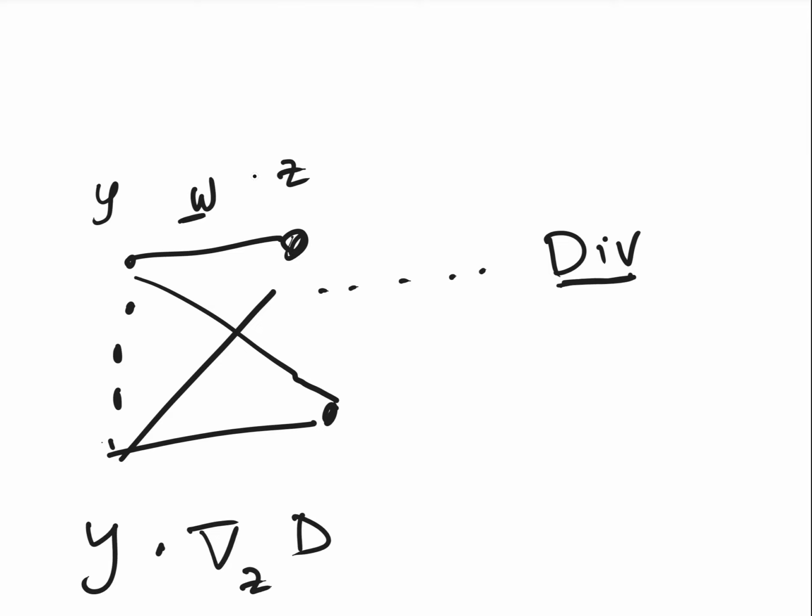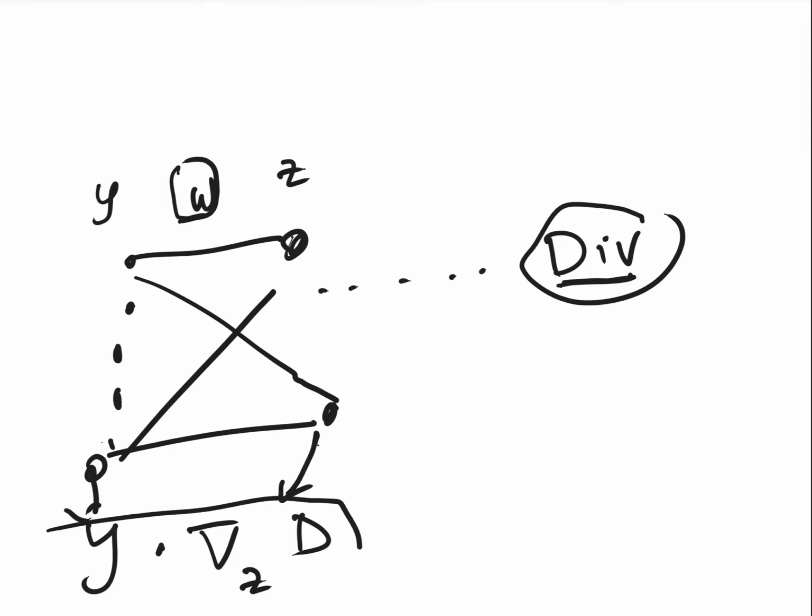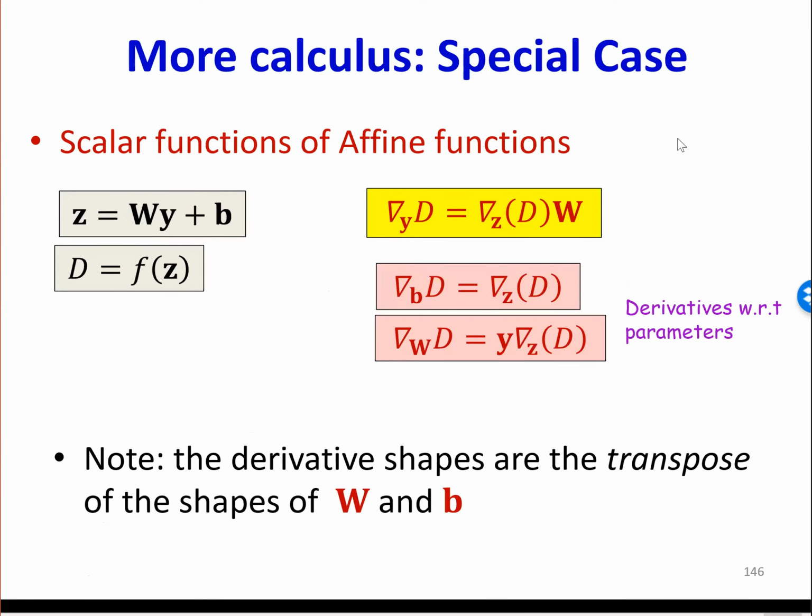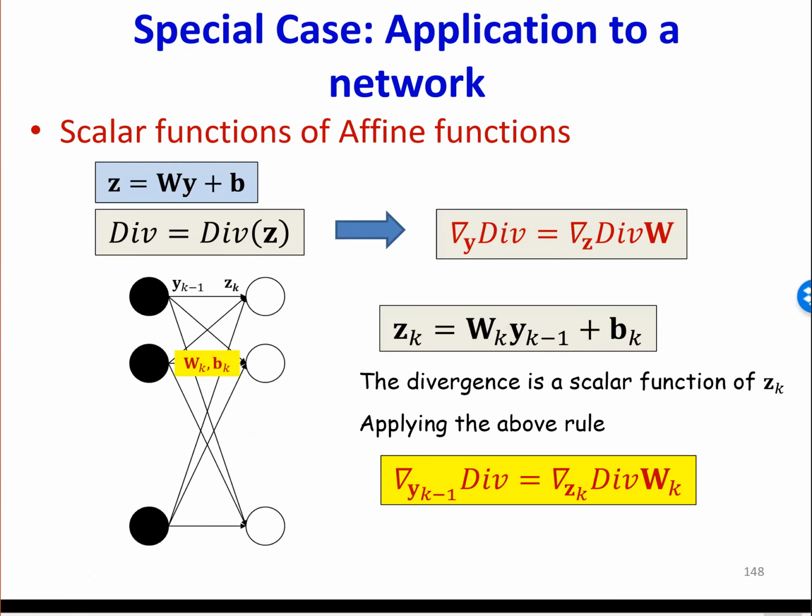So again, in a situation like this, the derivative of the divergence with respect to w is the input times the derivative of the divergence with respect to the output. Okay, so just remember this. And once we have all of these figured out, then the rest is straightforward.